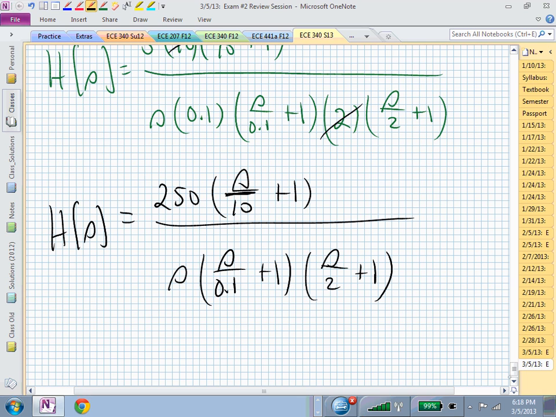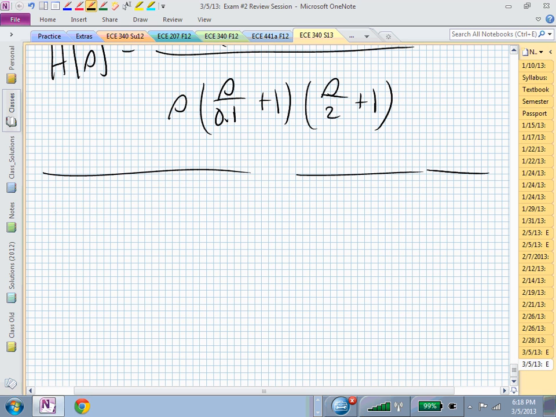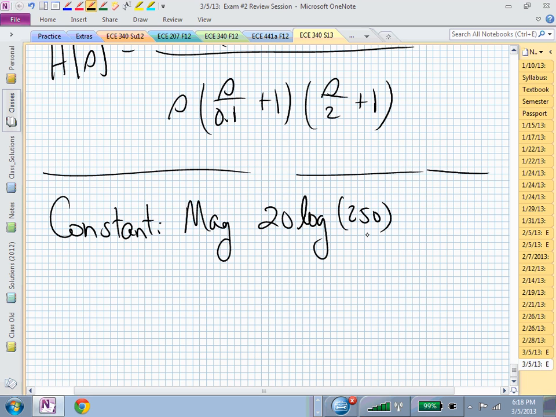Meaning, I now can identify all my terms. I have a constant term, and I might say, okay, here's my constant. In terms of its magnitude, that's 20 times the log of 250. And I could just plug that into my calculator if I wanted.